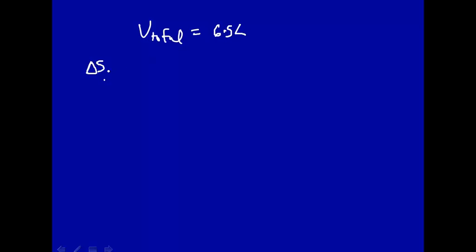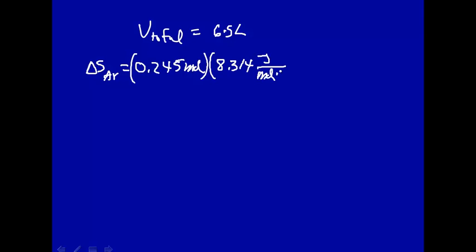So delta S for the argon is the number of moles of argon, 0.245 mole, times R, 8.314 joule per mole Kelvin, times the natural log of the final volume, 6.5 liter, over the initial volume.